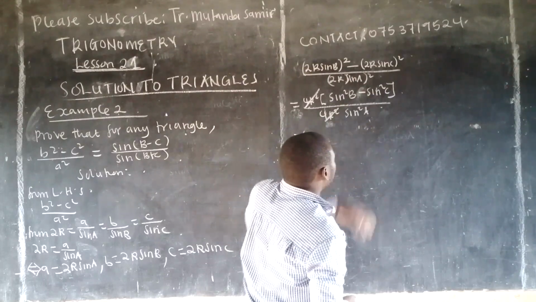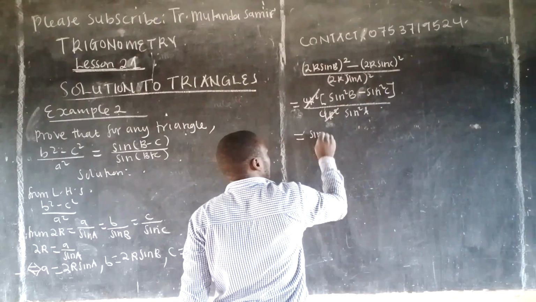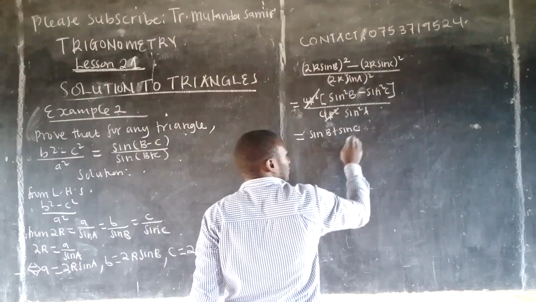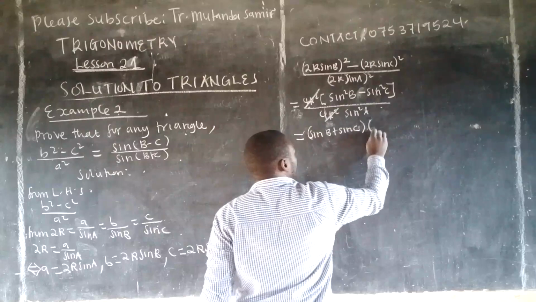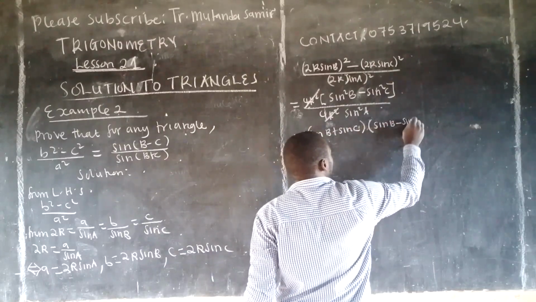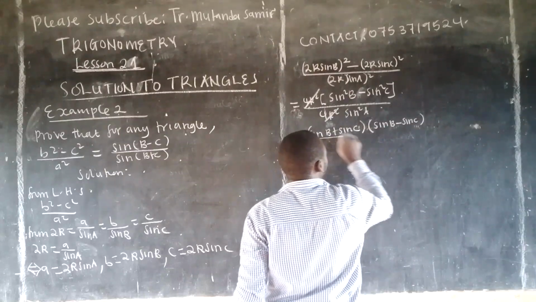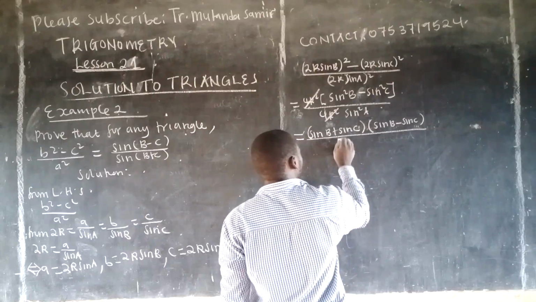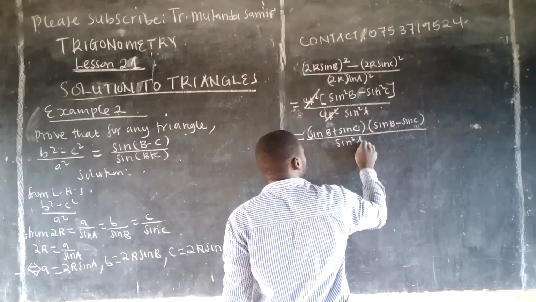Yes. That is (sine B plus sine C) times (sine B minus sine C), over sine squared A.